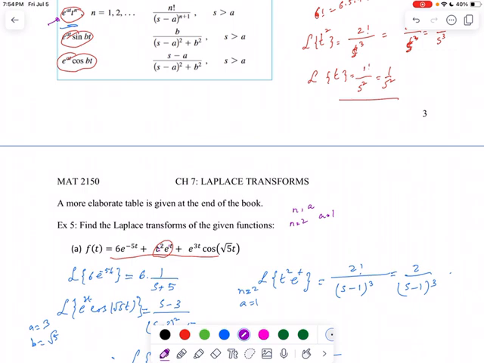So when I plug it into the formula, the Laplace transform of this will be n factorial, which means 2 factorial, divided by s minus a. A is 1, so s minus 1 whole raised to the power 2 plus b square.